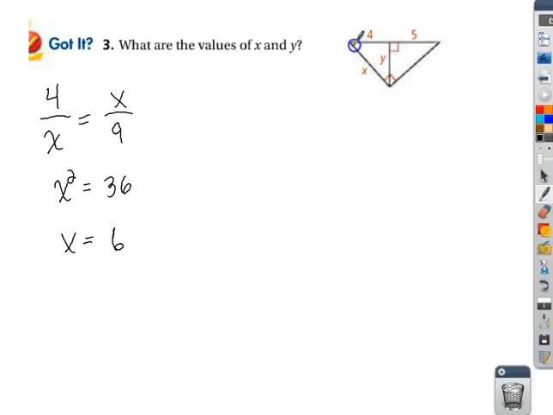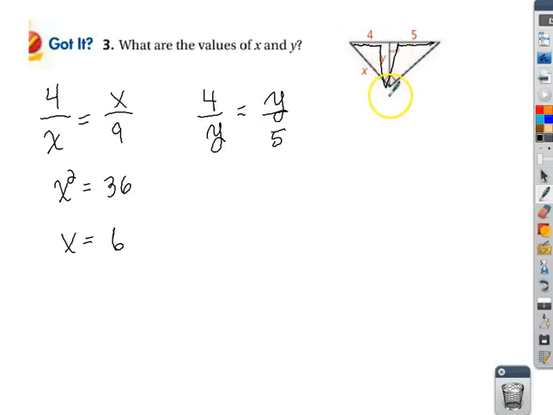All right, so I'm going to heartbeat. Setting that up, I'm going to do 4 over Y is equal to, now I'm going back down, Y over 5. Did that make sense?